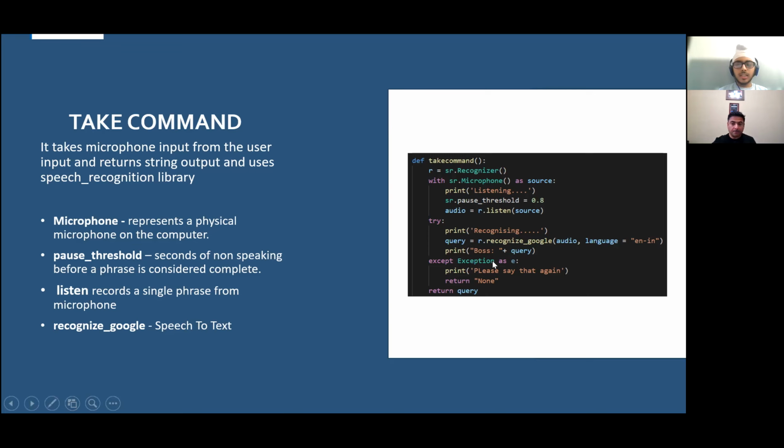And if it isn't able to change it into text, then it prints please say that again and returns None. And if it is able to change that thing to text, then it returns the query.